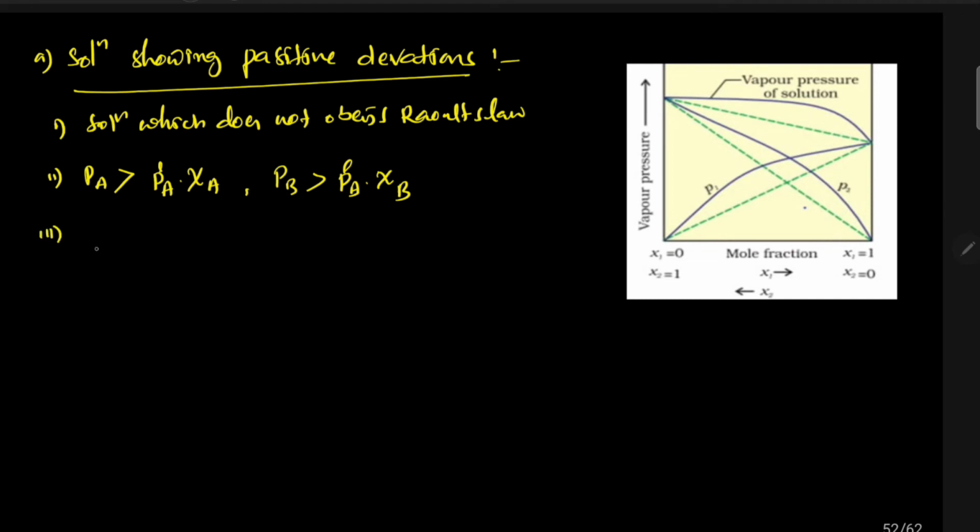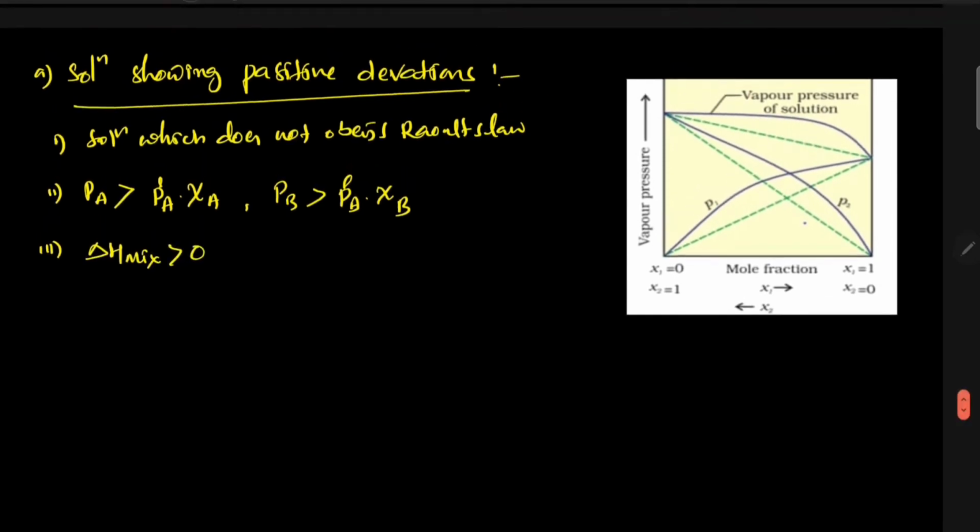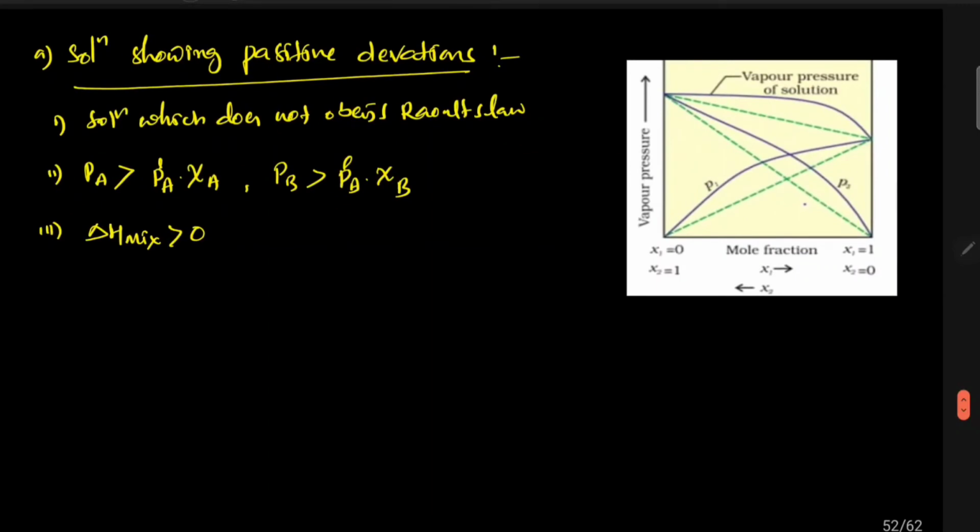What is the third characteristic? Delta H mix is greater than 0. Greater than 0 means the enthalpy change is positive. Positive means heat is absorbed by the system.